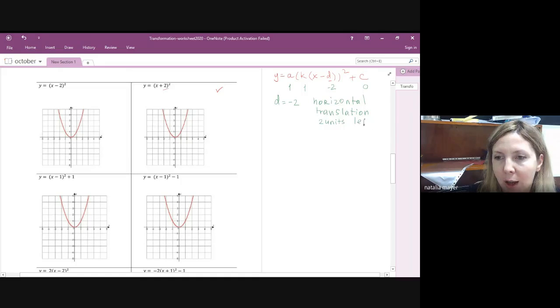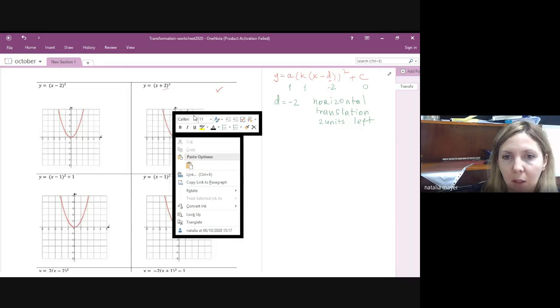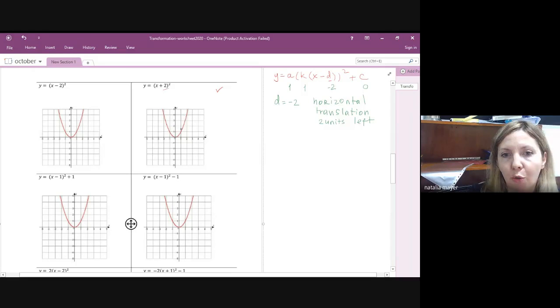How will the new function look? You literally have to take all the 5 key points. Let me highlight them here. 0, 0, 1, 1, 2, 4, negative 1, 1, and negative 2, 4. And shift each point 2 units to the left. Okay, 2 units left.